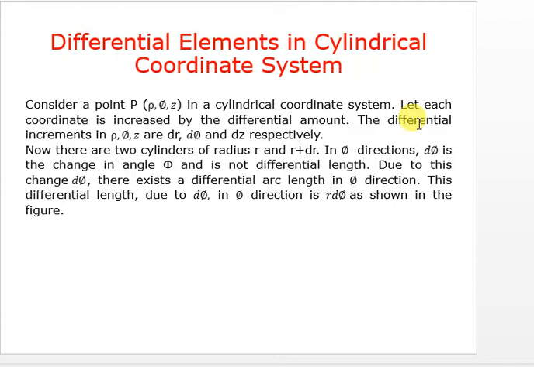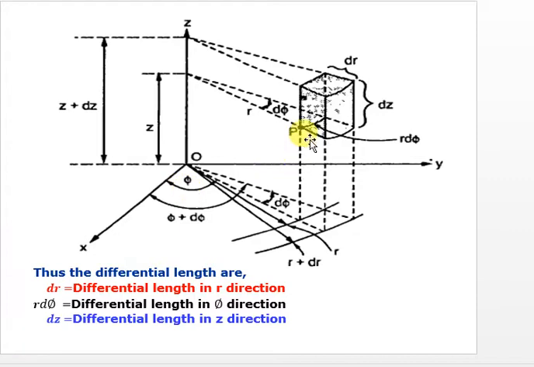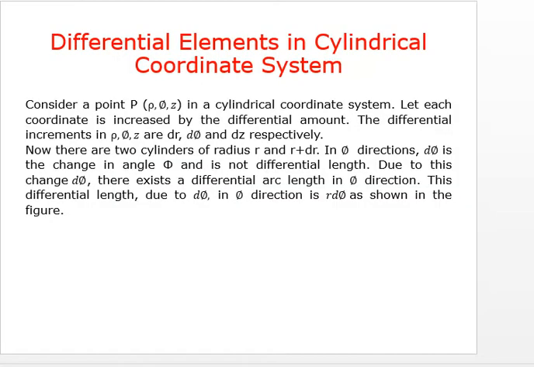In the phi direction, d phi is the change in the angle phi, and due to this change d phi, there exists a differential arc length in the phi direction. You can see here, this is the arc due to the angle d phi. This differential element due to d phi in the phi direction is rho d phi, as shown in the figure.